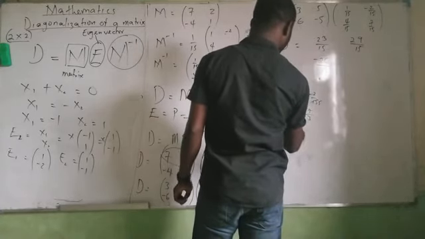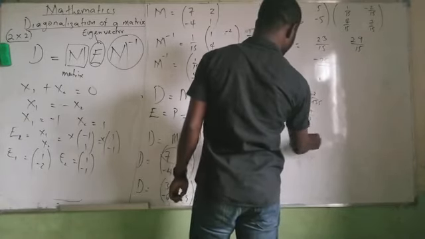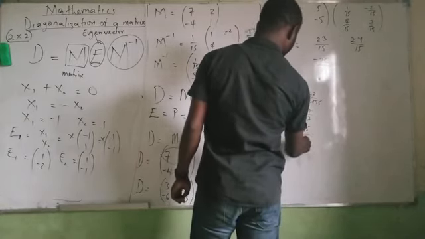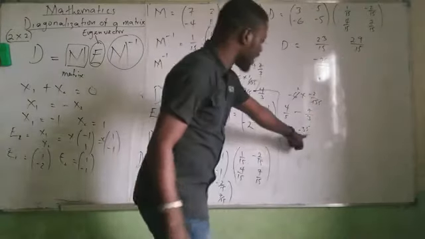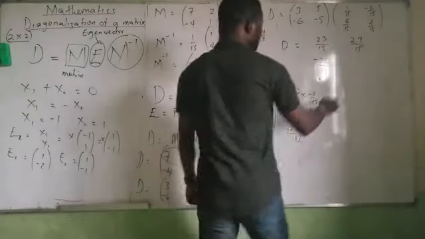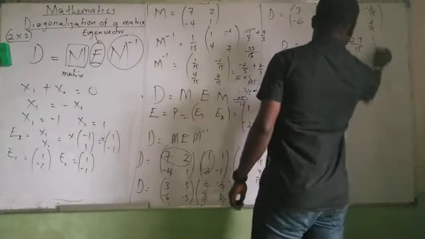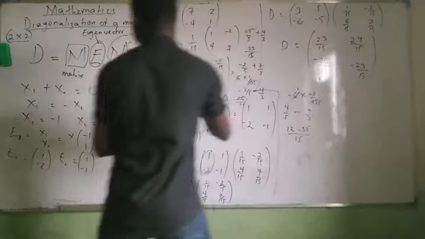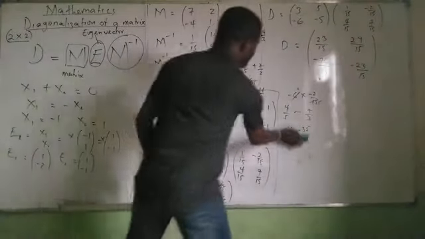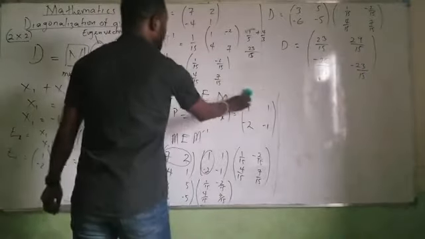That will be 12 minus 35. Now this minus this, that will be minus 23 all over 15. Now, can you see? I'm just trying to do multiplication of a matrix.